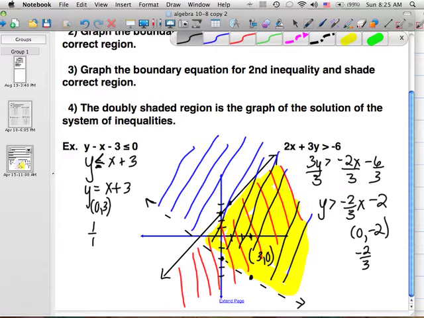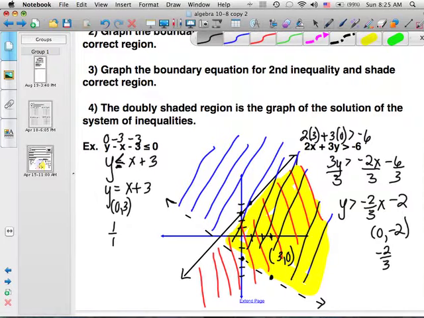If I put it in over here, 0 minus 3 minus 3, that'd be negative 6 is less than 0. That works. And over here, that would be 2 times 3 plus 3 times 0. It has to be greater than negative 6. So I get 6 is greater than negative 6, so it works.